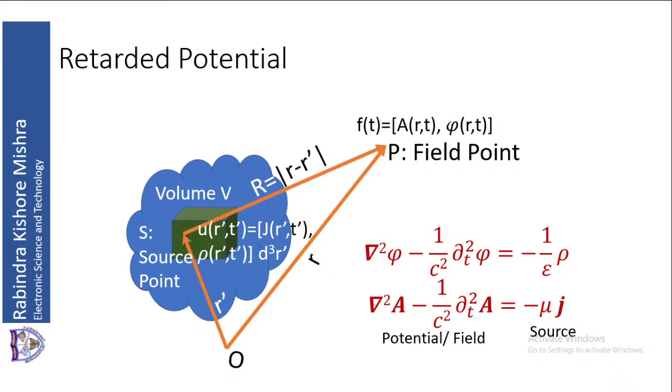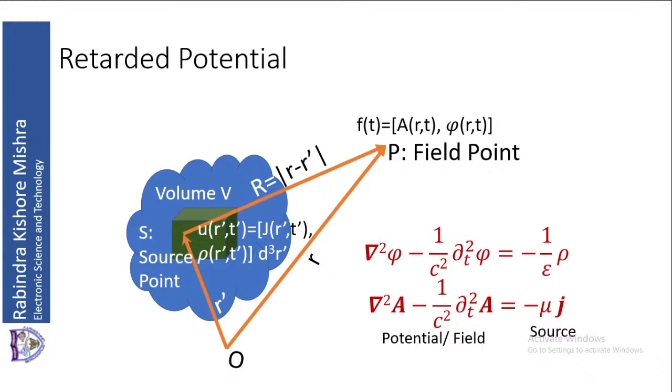We have a volume there. The source is U. U can be J or rho. So if J is the volume density or rho is the volume density, then U is equal to the volume density into dq bar, where dq bar is the volume of the infinitesimally small element.